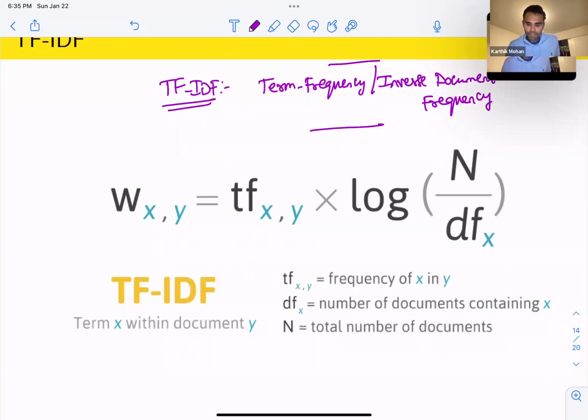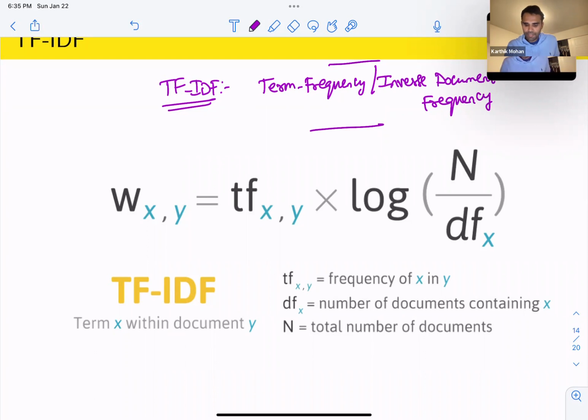Tf-Idf is essentially a scoring of a given word within a document. So it's telling you how much importance I should place on a particular word in a given document.